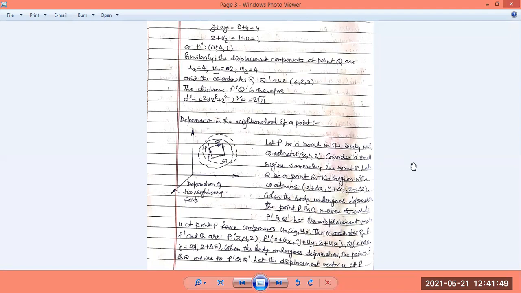Now when the body undergoes deformation, the points P and Q move towards P dash and Q dash. We are supposed to know the coordinates of P dash and of Q dash.